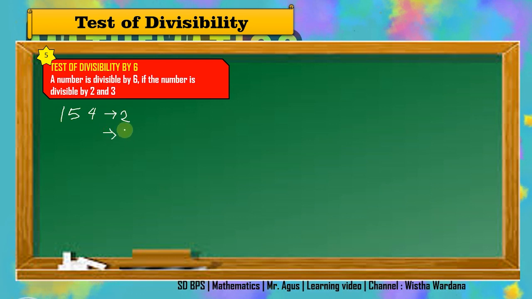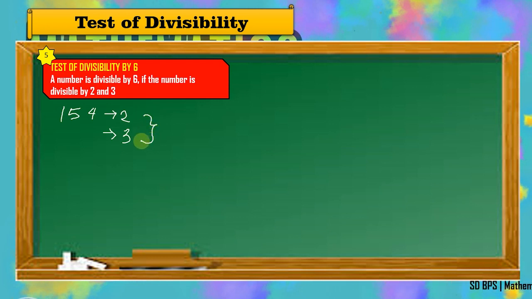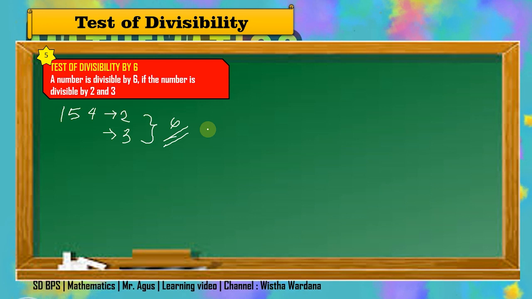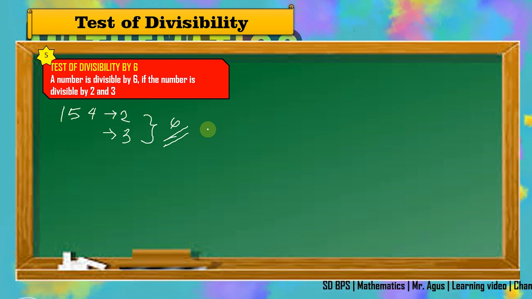Is 154 divisible by 3? Yes. So 154 is divisible by 6. That is an example of a number that is divisible by 6. So you have to check that the number given is divisible by 2 and 3, and then you can conclude the number is divisible by 6.